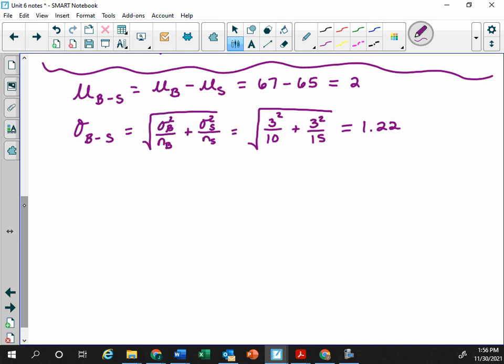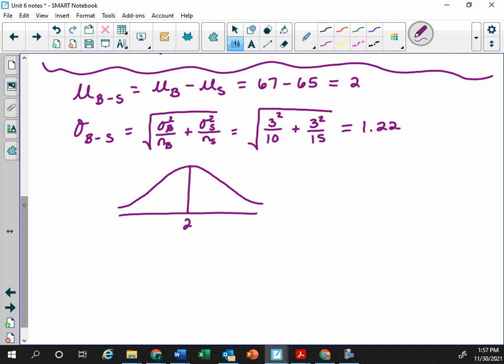Now you could actually find the z-score that goes with this and then do your normal CDF from the z-score, but you don't have to. You can just use this information since we have the mu of the difference and the sigma of the difference. So I'm going to draw a picture first. Since the mu of the difference was 2, that means our distribution is centered at 2.